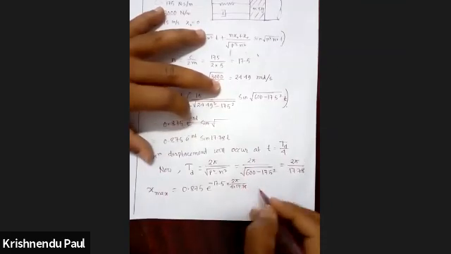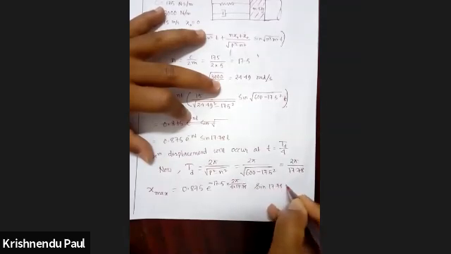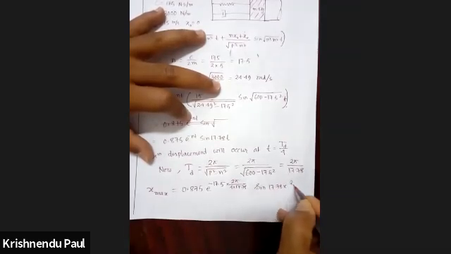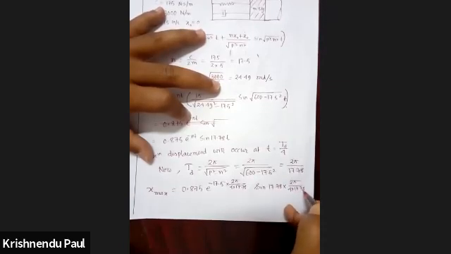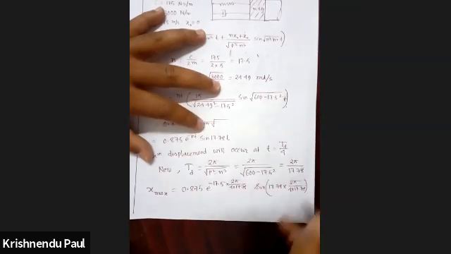So that is done. Now sin of 17.78 and td by 4 means 2 pi by 4. So find it.